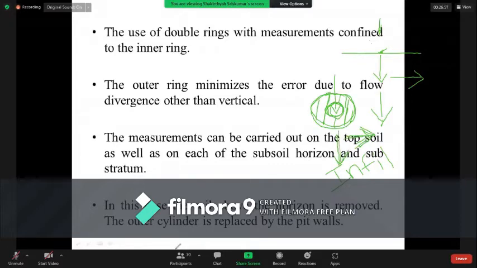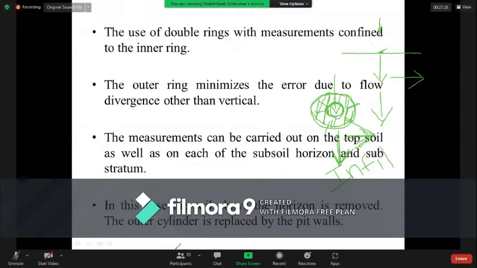Why? The lateral portions are already filled with water. So it's moving only vertically. So that's why we use this double ring. If we use only the single ring infiltrometer, the error is higher than with the double ring infiltrometer.